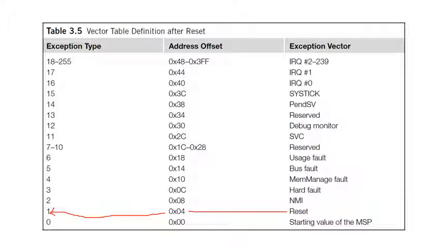Okay, this is how it is allocated for totally 1 to 255 exceptions. Okay, so the starting value of the MSP is not an exception, it is the default value. Okay, so that's all we have in the case of exceptions and interrupts.